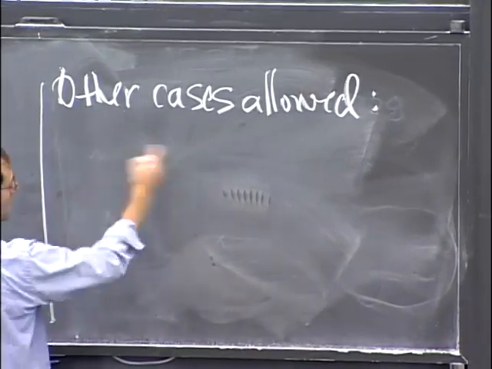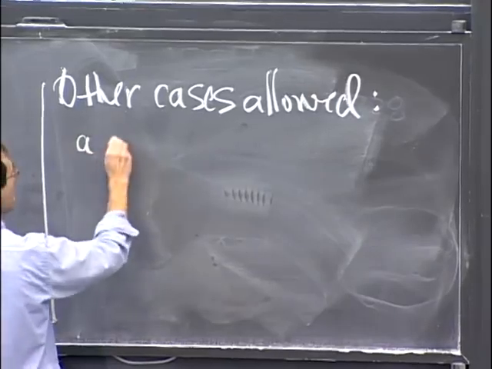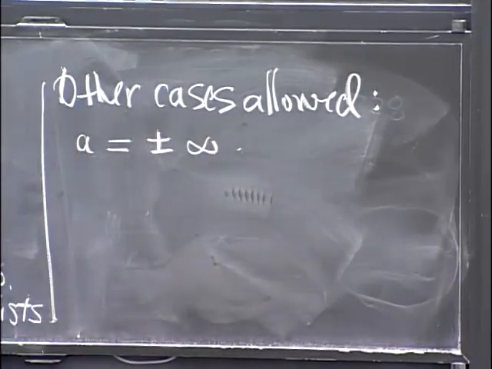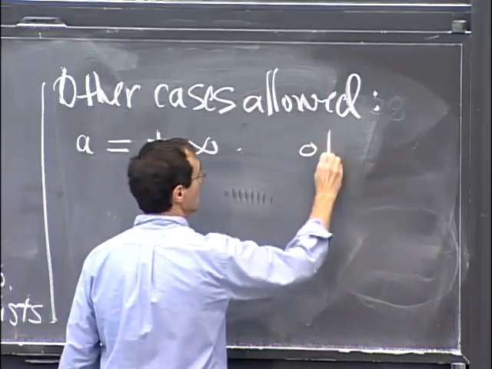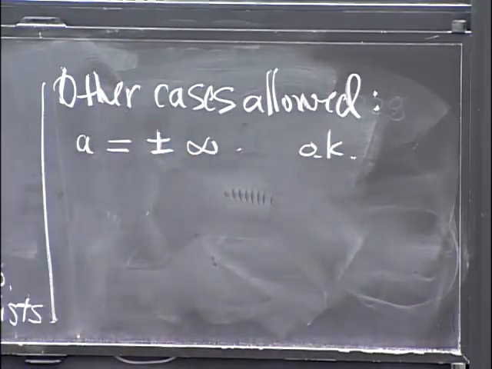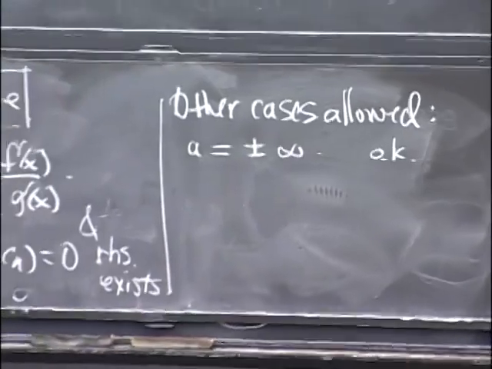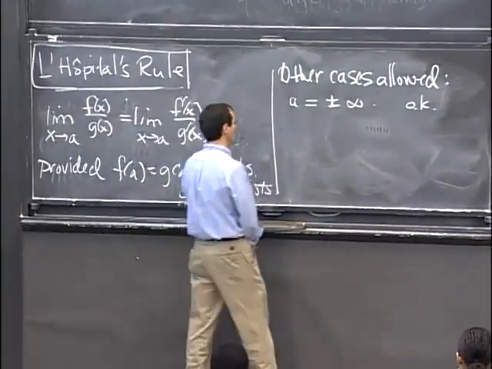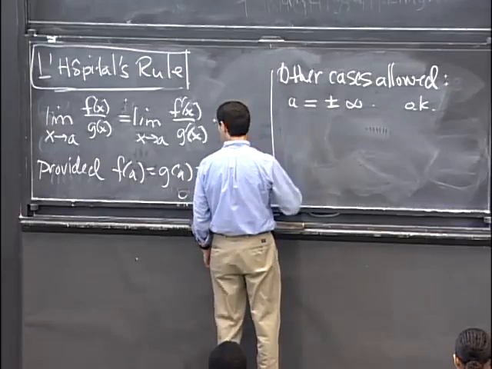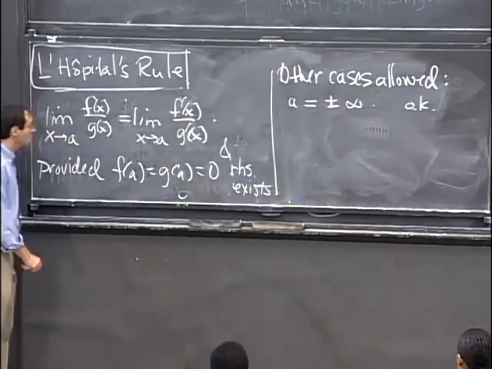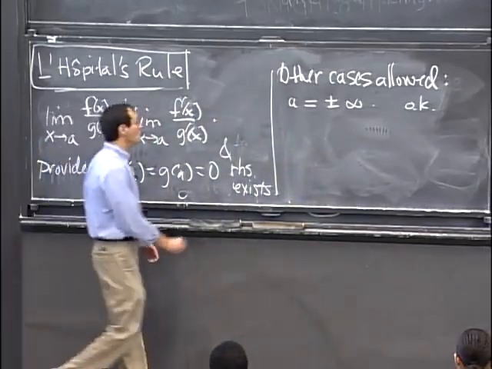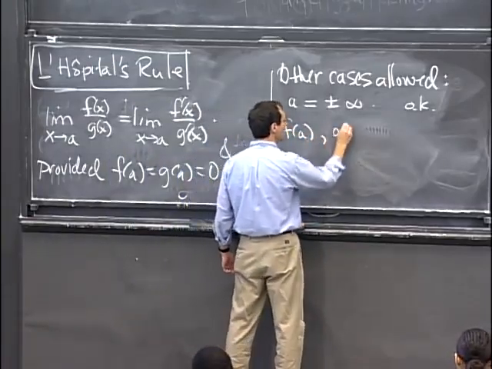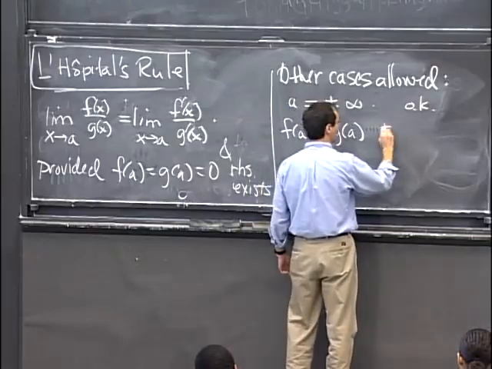First of all, as indicated by what I just erased, you can allow a to be equal to plus or minus infinity. It's also okay. So you can take the limit going to the far ends of the universe, both left and right. And then the other thing that you can do is you can allow f of a and g of a to be plus or minus infinity.